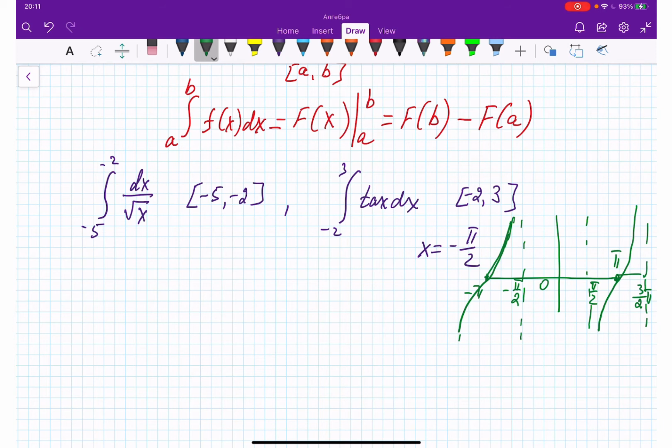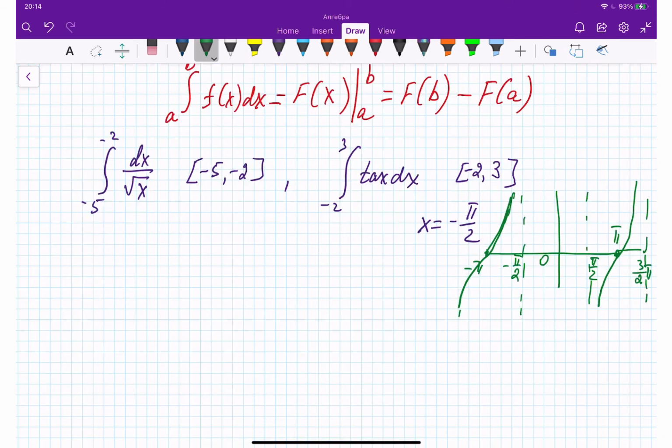Okay. Next question. Can the definite integral be equal to a negative number? Yes, it can. It can be a positive number, zero, and may even turn out to be infinity, in which case it becomes an improper integral.